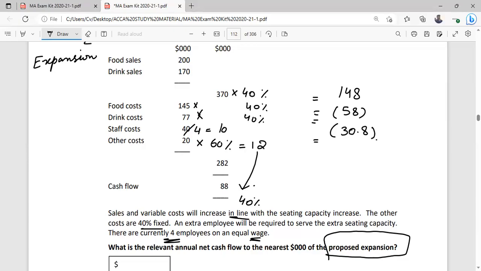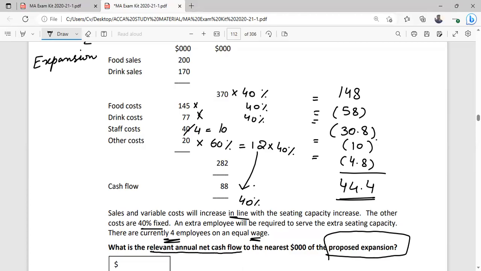There will be hiring of one extra employee, 10, and other variable cost will also rise by 40%, because variable cost is the cost which varies with activity level. So it is 4.8. Now you can calculate incremental cash flow by deducting all the costs from the additional revenue. 44.4. It is the incremental cash flow, relevant annual net cash flow.